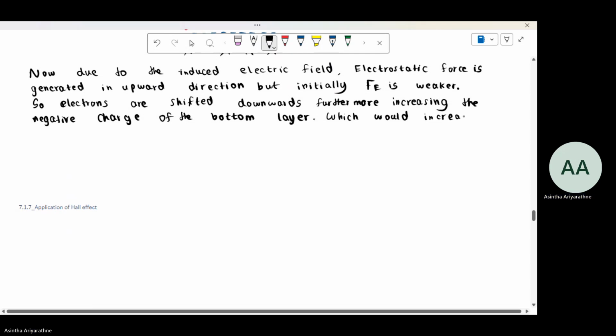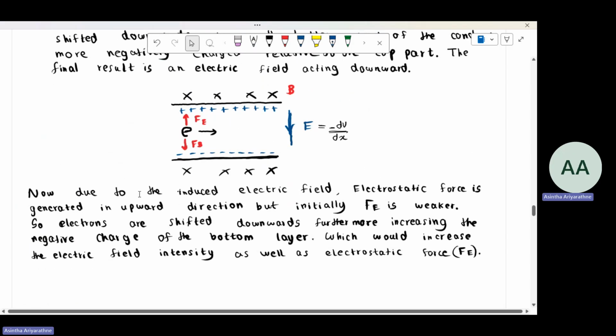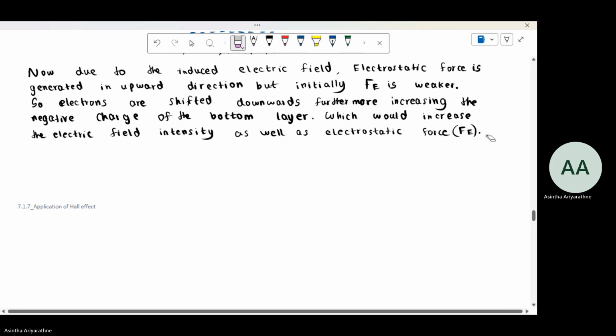Which would increase the electric field intensity as well as the electrostatic force, Fe. Right, the electrostatic force is also increased.